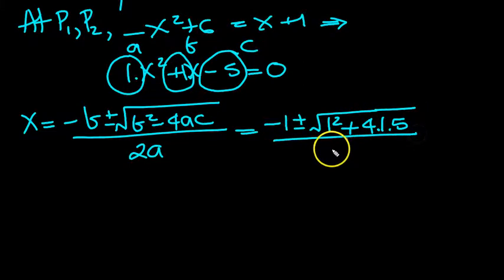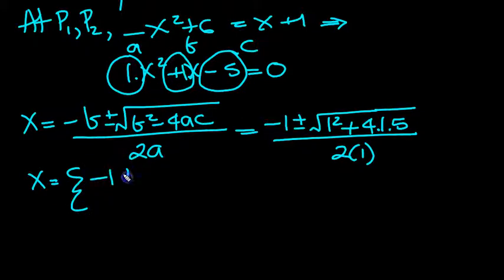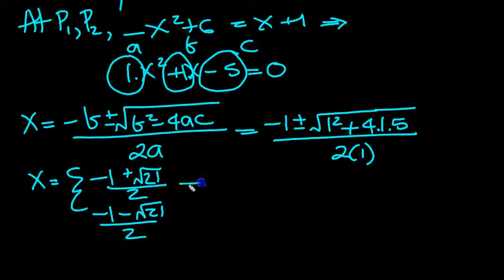All over 2 lots of a, which is 1, so it's 2 lots of 1. So x equals minus 1 plus root 21 over 2, and it's also minus 1 minus root 21 over 2, isn't it? So this first value and the second value.